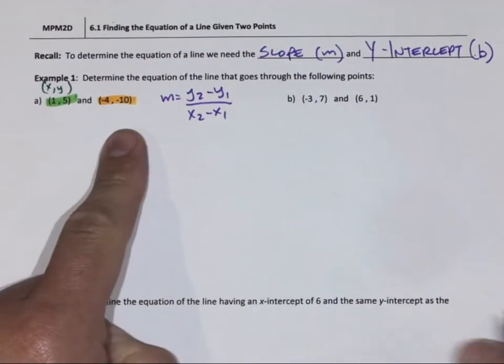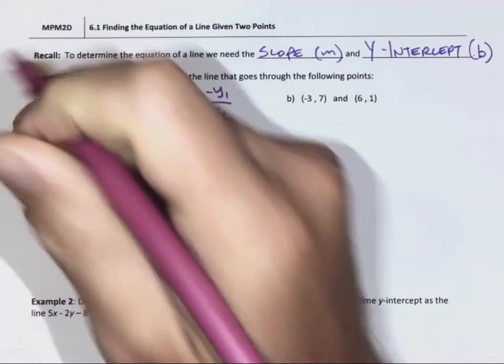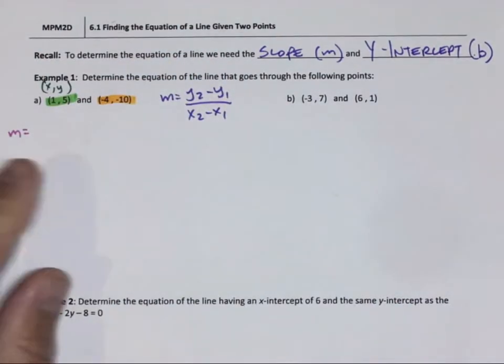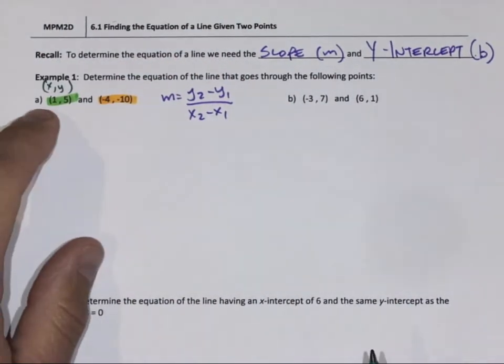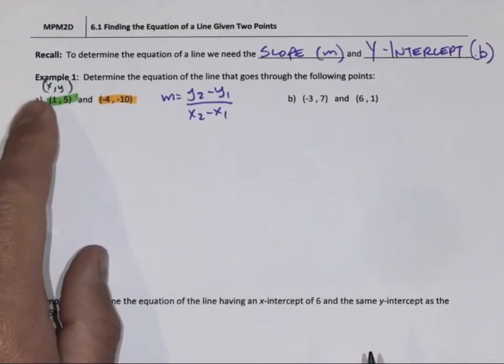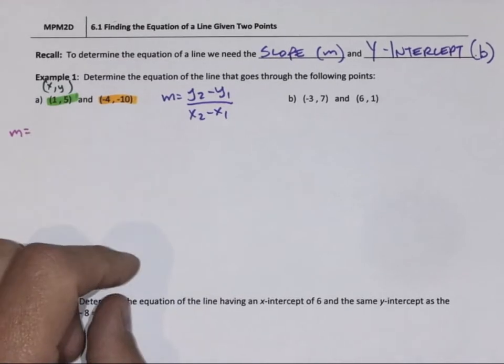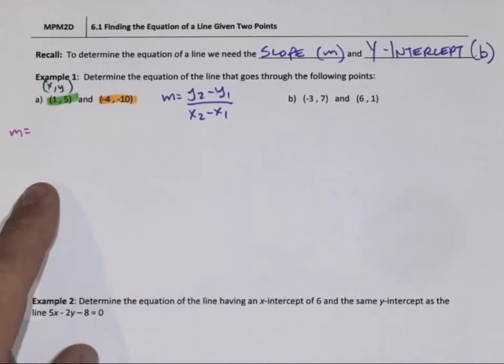So let's sub in what we know. x1, x2, or x2, x1, or the other way around. No matter what, we need to make sure that it's y over x.